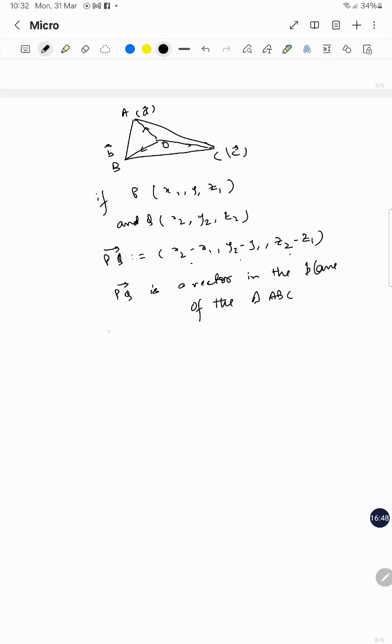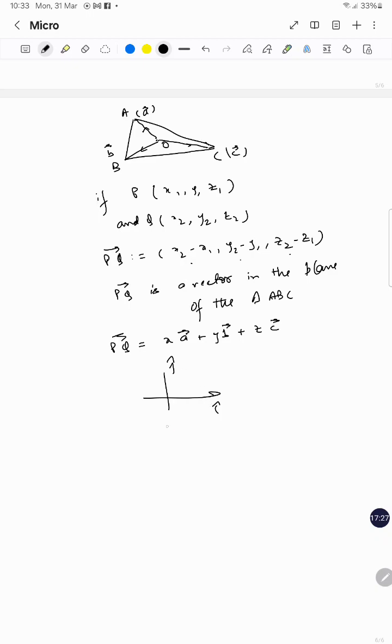But then suppose a vector PQ is written as such. In linear algebra we say that these vectors are not linearly independent, because in a plane, for example, we have i vector, j vector. Any vector can be written as a linear combination of i hat and j hat, where i hat and j hat are the unit vectors.